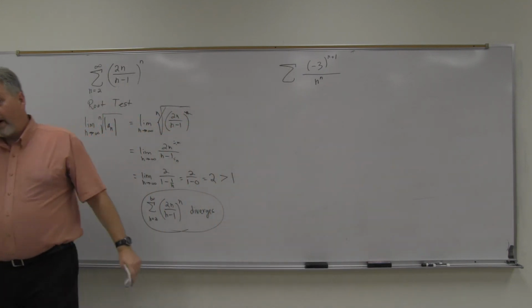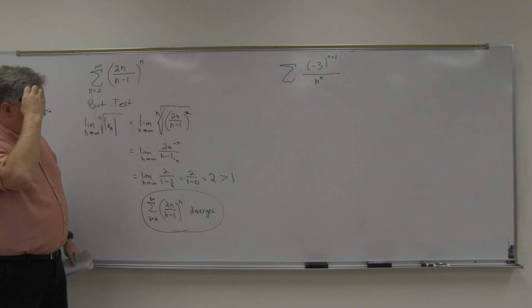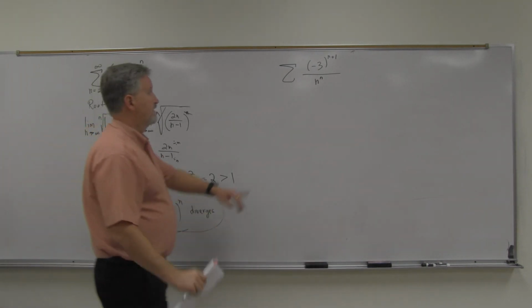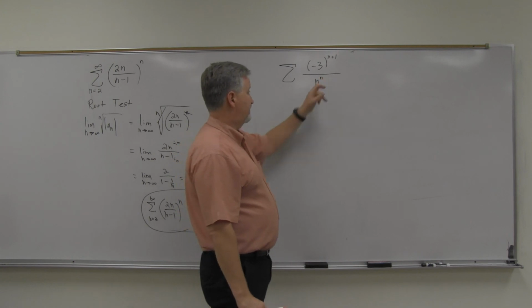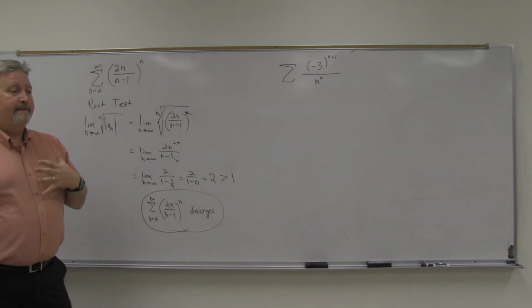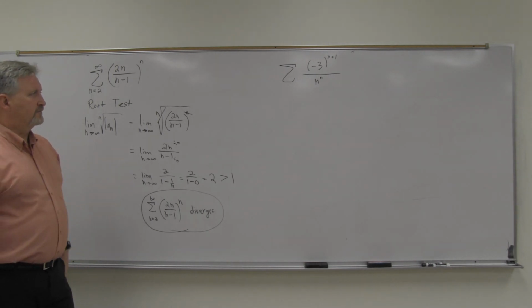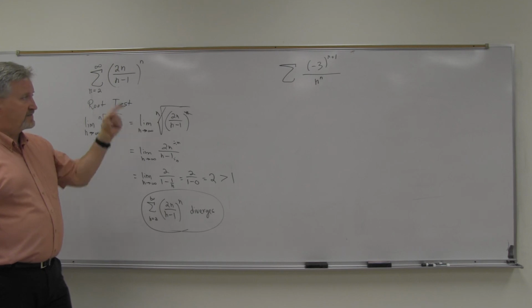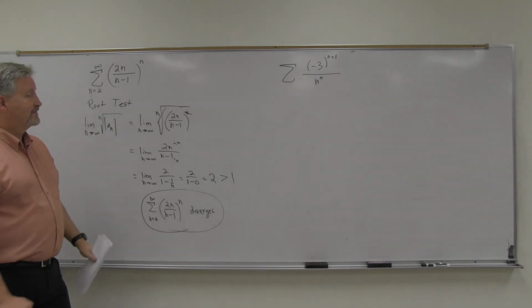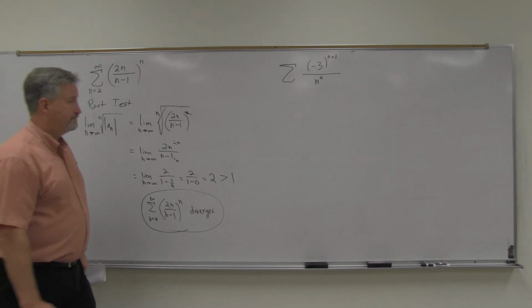So maybe not quite as obvious that the root test would be involved, but the n to the n is a key thing to key in on there. Since you've got an n in the base and an n in the power, the root test is a good one for that.